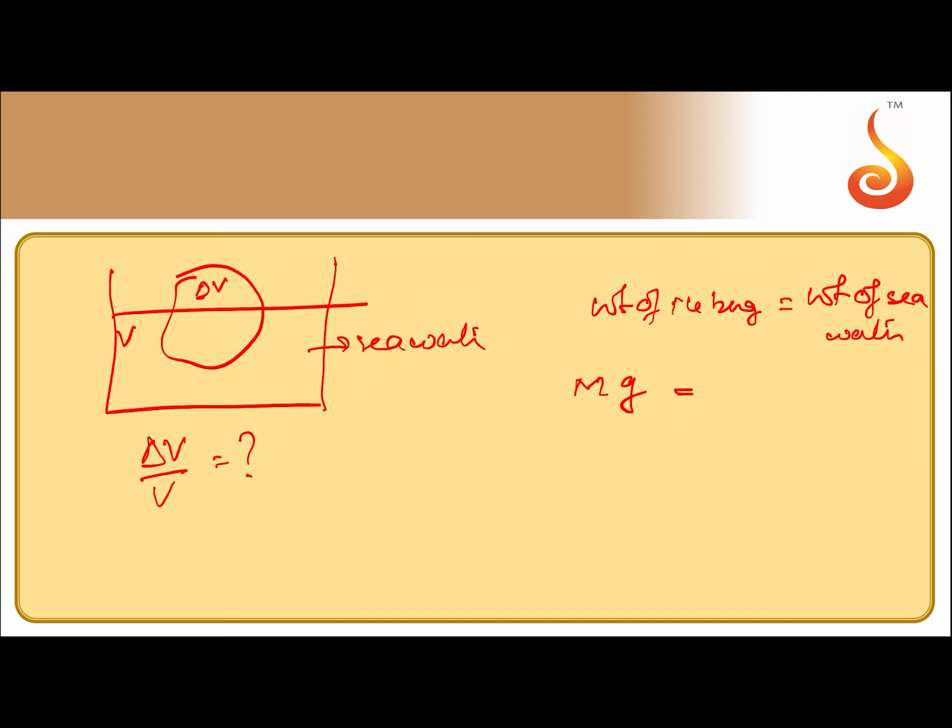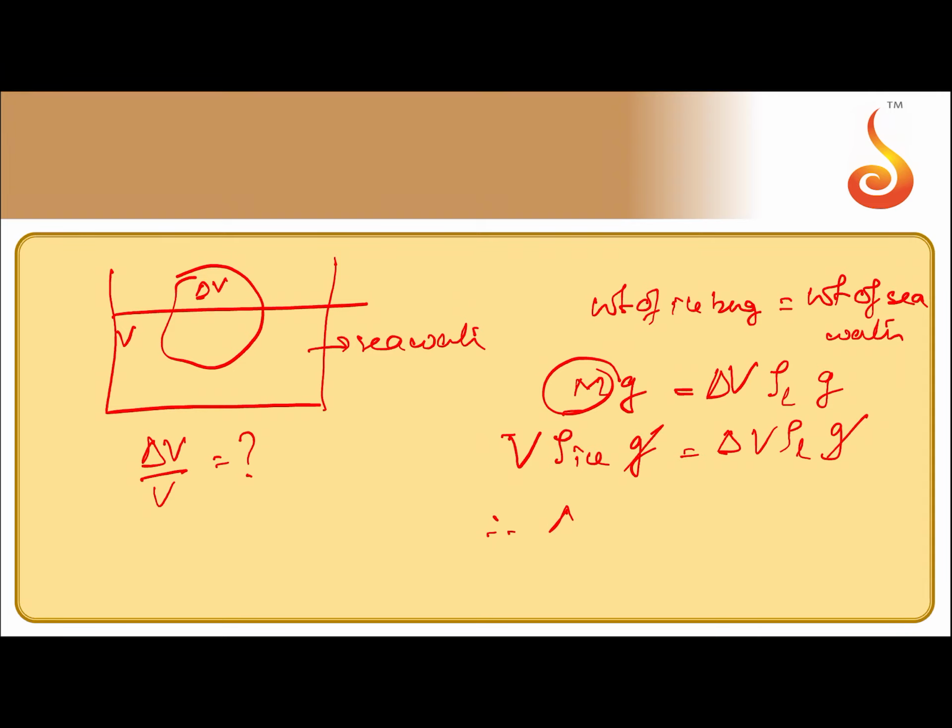The weight of seawater is the volume of the liquid displaced, that is delta V, into density of seawater into g. The mass of the iceberg is volume into density of iceberg into g. So delta V, density of liquid into g, these two cancel, and therefore we have delta V by V equal to density of ice divided by density of liquid.